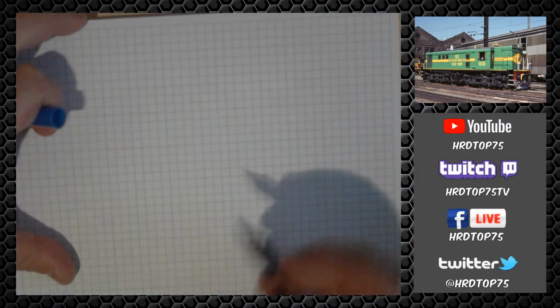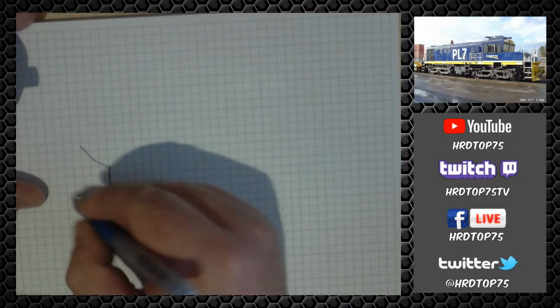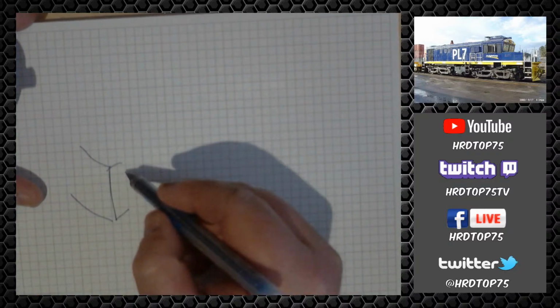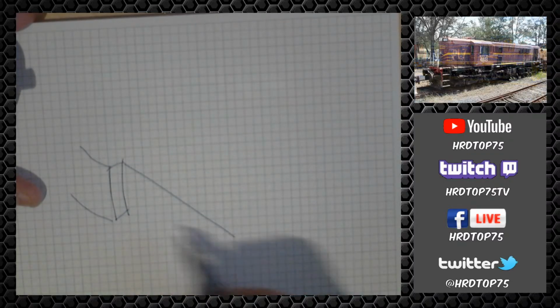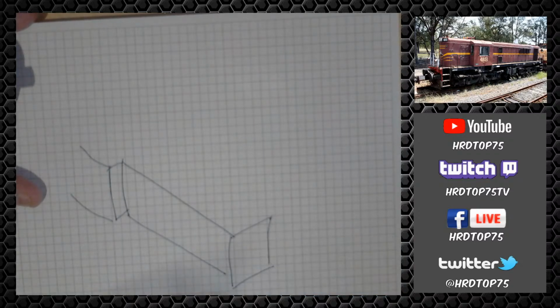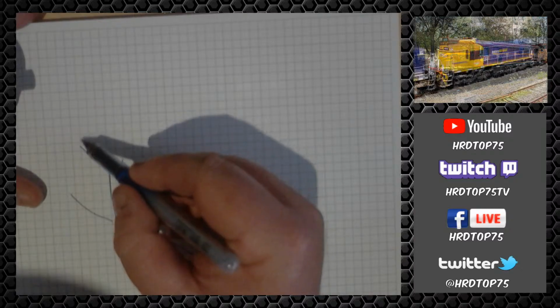Okay. So on the rear of the cab, sorry, not the rear of the cab. The cab's up the front. So let's go cab, door. I hope my drawing skills are up to par.